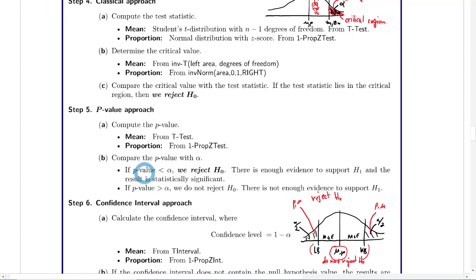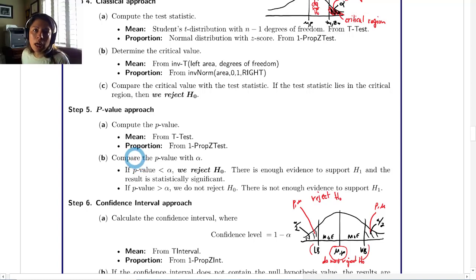If that chance is smaller than making a type 1 error, then we say that's statistically significant. There's no more status quo. There's some sort of change. And if the probability of grabbing a random sample is larger than making a type 1 error, then it's saying, hey, the chances of making a type 1 error are pretty small here in the status quo. There's no statistical significance here. So, that's what we're looking for.